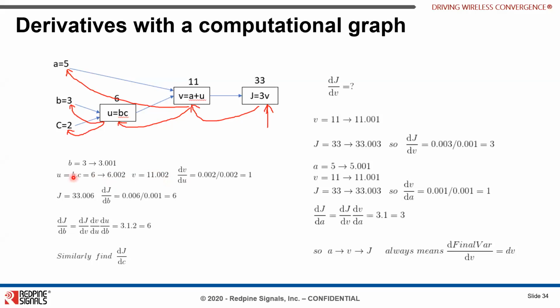That is, you made a change in u of 0.002, from 6 to 6.002. Originally v was 11, now it is 11.002. So the change in v is 0.002, and the change you made in u is 0.002. So 0.002 by 0.002 is equal to 1. So dv by du is equal to 1. Does that answer your question?